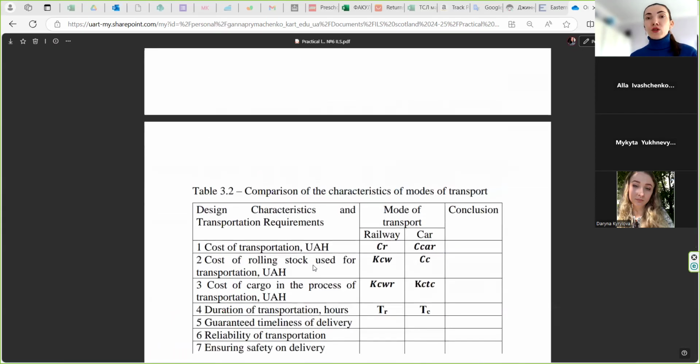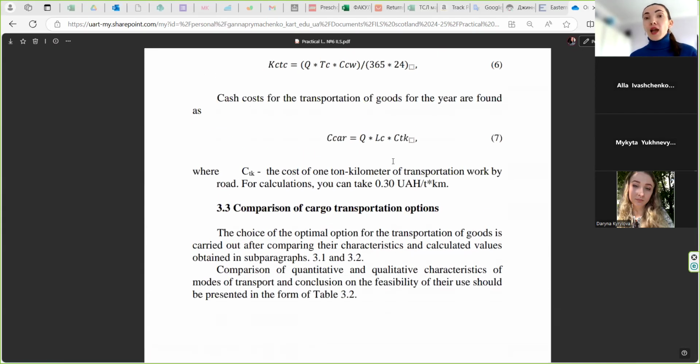Okay, come back to our formula number 7. And also multiply by such a parameter as C with index tk. It is the cost of 1 ton-kilometer of transportation work by road. And for all variants, we use for calculations the parameter 0.30 hryvnias per 1 ton-kilometer. Please use this parameter for all your variants.